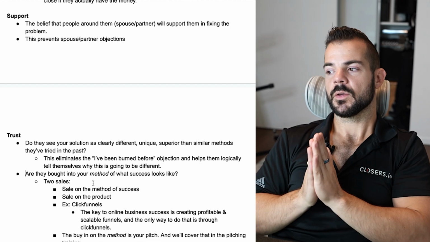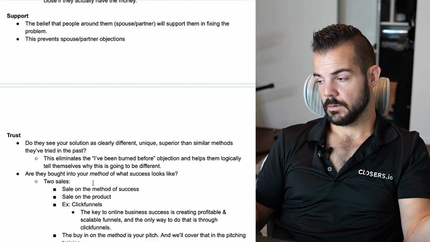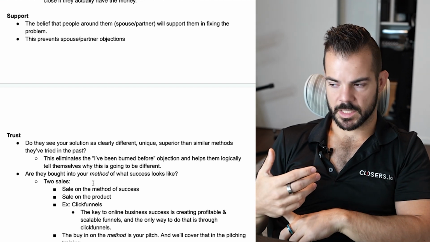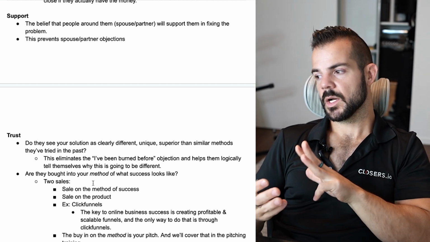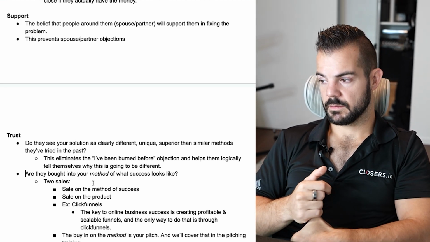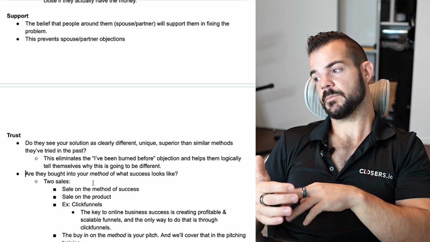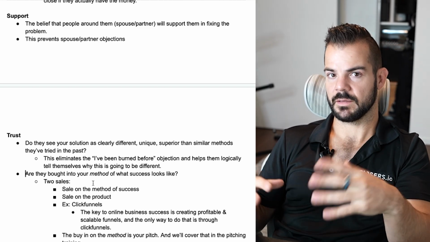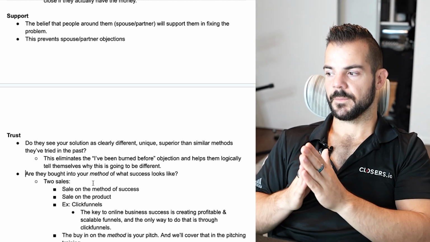So for instance, there could be weight loss, but what are the methods? Ketogenic diet, intermittent fasting, there's flexible dieting, there's the carnivore diet, there's vegan, there's pescatarian, there's Mediterranean, there's Atkins, right? So like you could see, there you go.